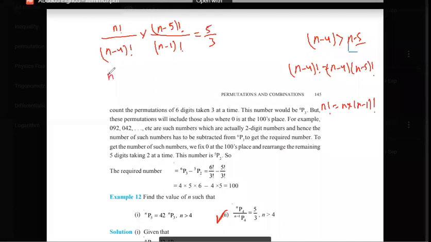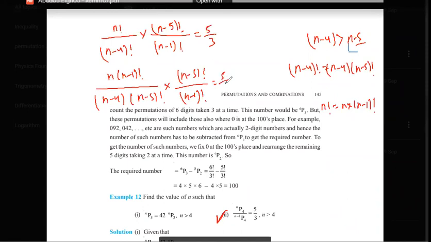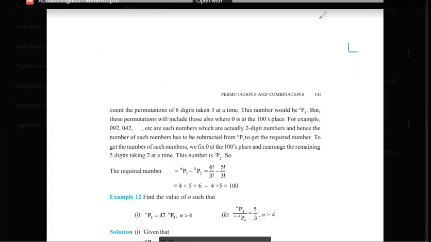So this can be written as n into (n minus 1) factorial divided by (n minus 4) into (n minus 5) factorial, into (n minus 5) factorial divided by (n minus 1) factorial, is equal to 5 by 3. Cancel, cancel. So n divided by (n minus 4) is equal to 5 by 3. Can't you solve this? You can solve this, right?